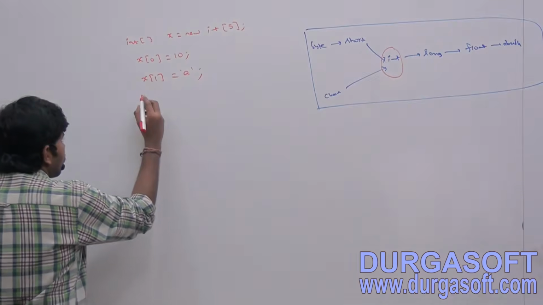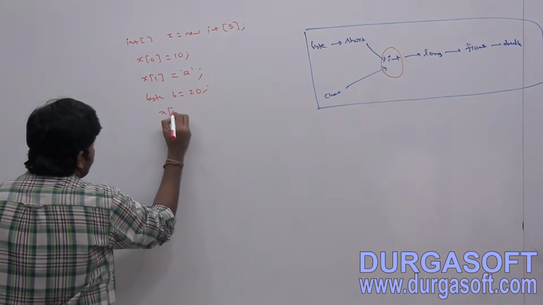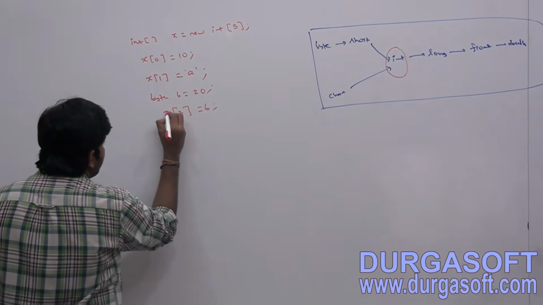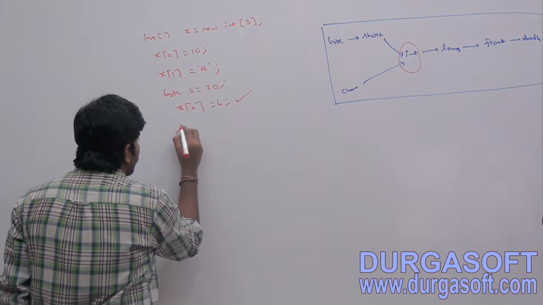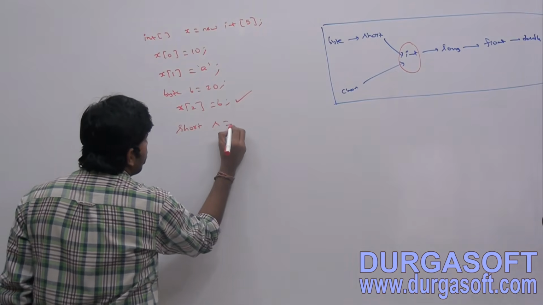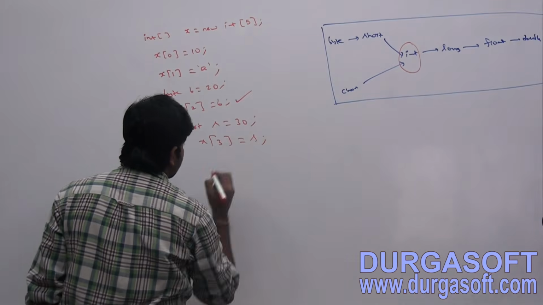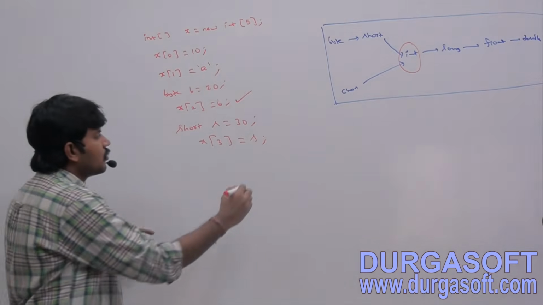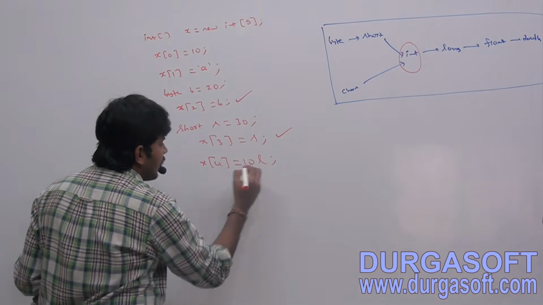No problem at all. Sir, byte b is equal to 20, x of 2 is equal to b. Valid. Short s is equal to 30, x of 3 is equal to s. Valid or not? Yes, no problem at all. Sir, x of 4 is equal to 10L.